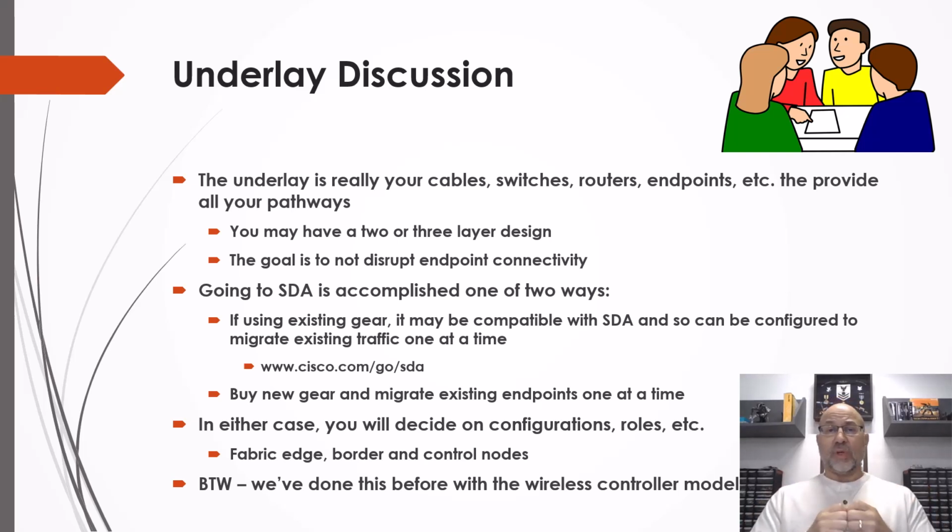So the controller reaches out and touches all of the access points to push configurations, to do security, to centralize AAA operations, and there's a tunnel that is set up between the controller and the access points. So they already have this architecture in a centralized model. So this is not something that's brand new, never been seen before, but it is a way to wrap your arms around your entire architecture.